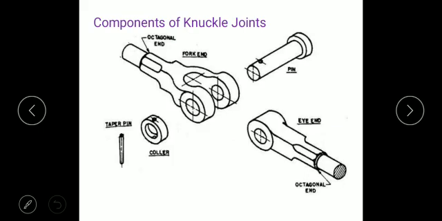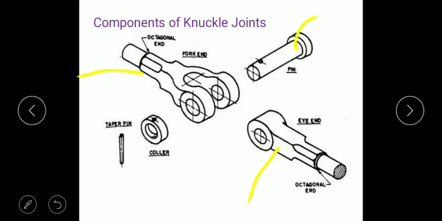Coming to the next topic, the components of the knuckle joint. Before going to the design, as with the cotter joint, here also there are three important components. This is the fork end, also called the double eye. This is the single eye, or simply the eye end.